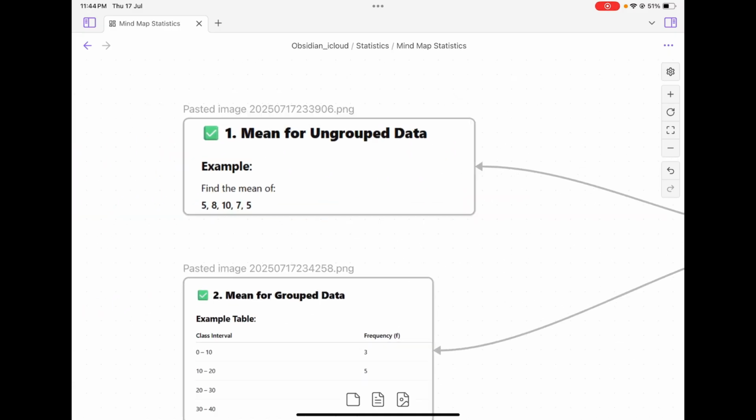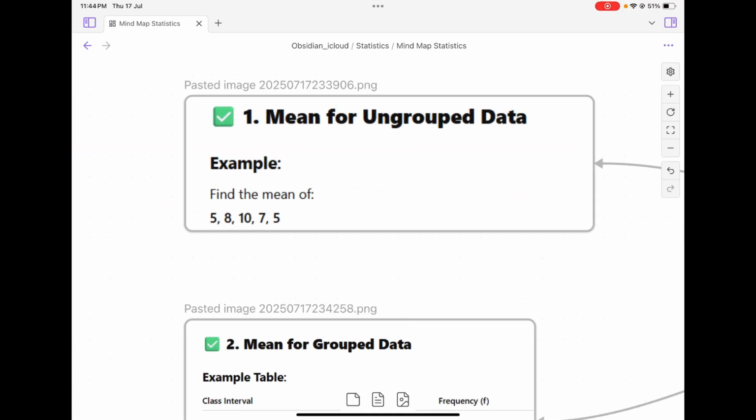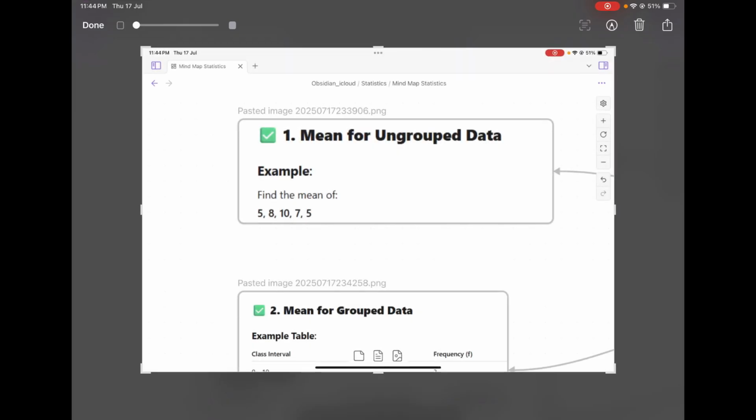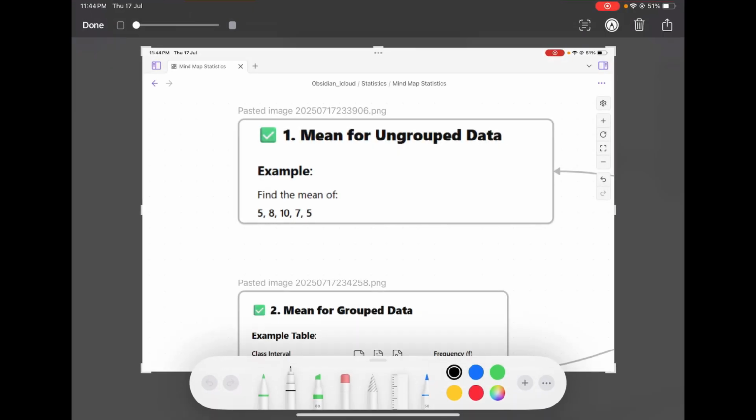Let us take this example for the mean of ungrouped data. The data will look like this. If you arrange it, it is 5, 5, 7, 8, 10. You can see that the median is 7 and the mode is 5.